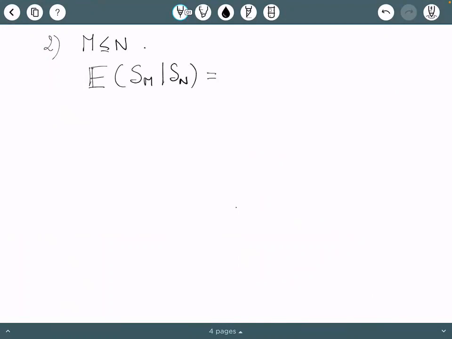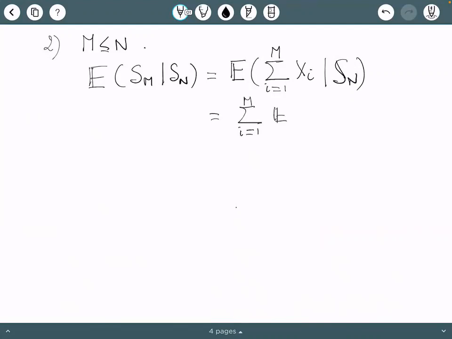It is the expectation of the sum from i equal 1 to m of xi given Sn. By linearity, this is equal to the sum from i equal 1 to m of the expectation of xi given Sn.